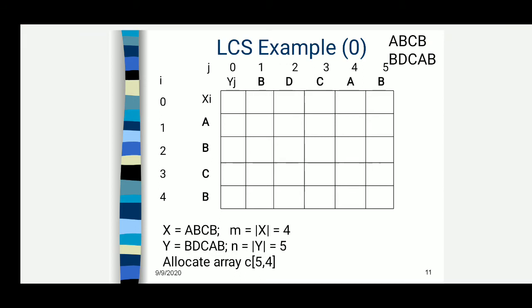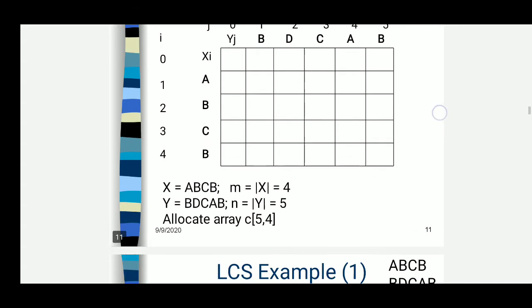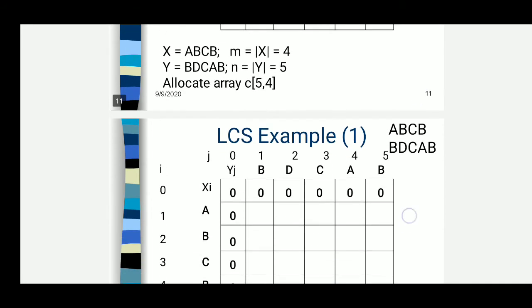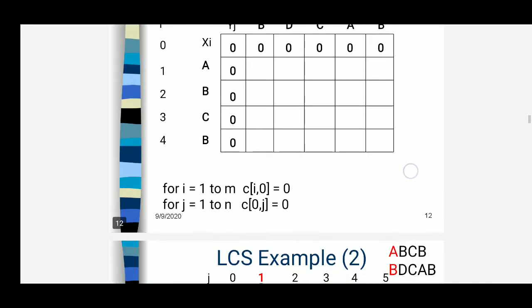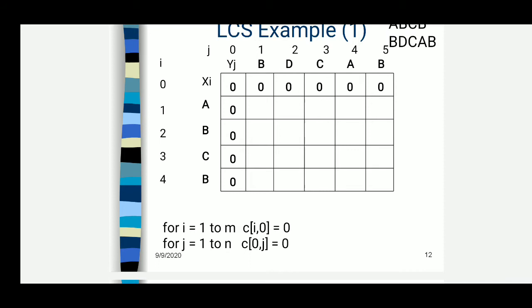So for this example we will put 0 in the 0th row and 0th column, cost length of LCS 0.